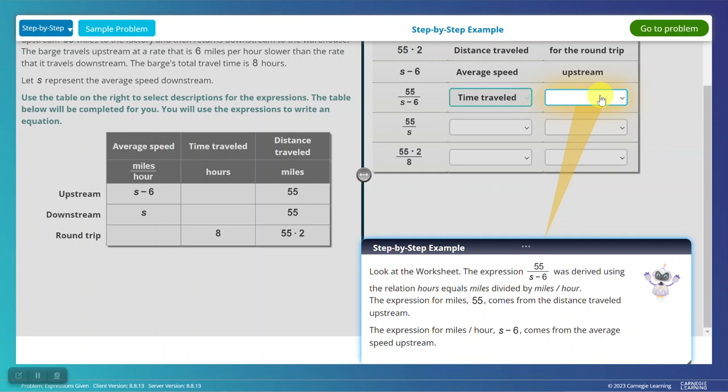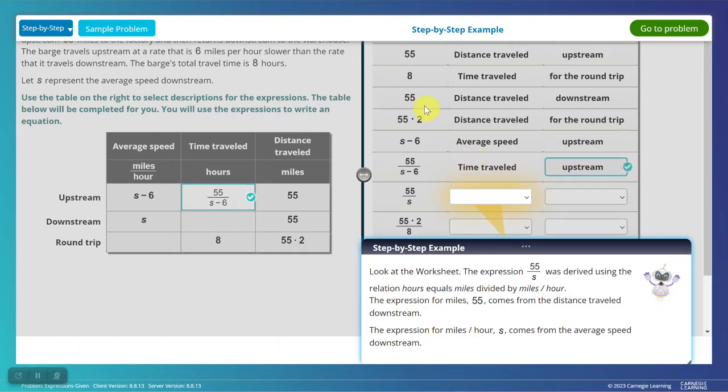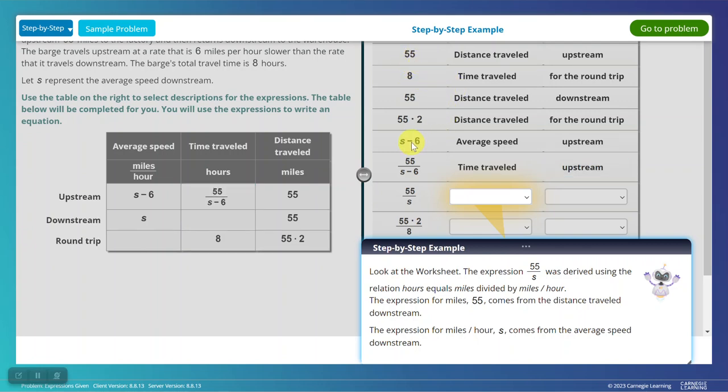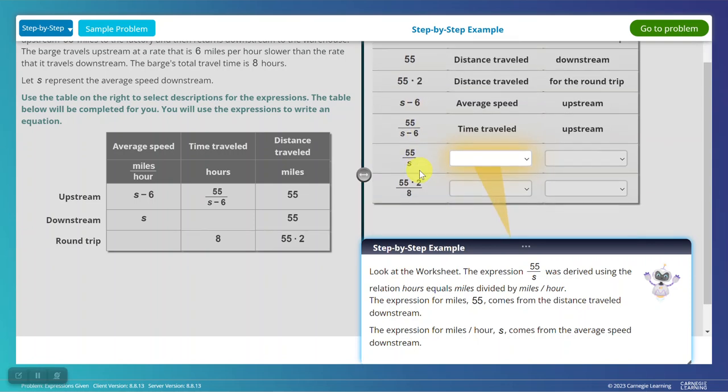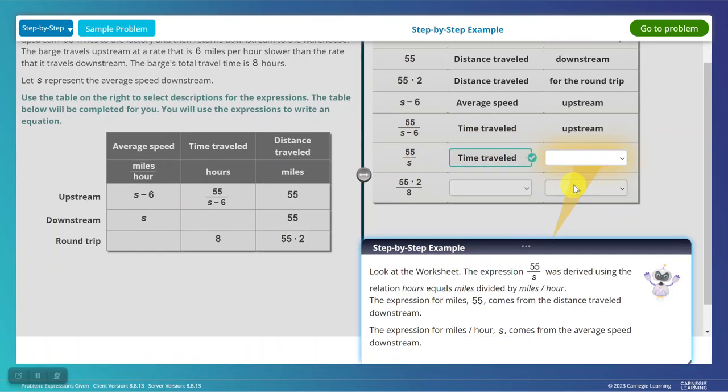Let's see, s minus 6 was upstream. Yeah. So they took the distance traveled upstream, which was 55, and divided it by the speed upstream, which was s minus 6. And you get an expression for the time traveled upstream. So 55 over s is going to be the time traveled downstream, because s was the speed downstream.